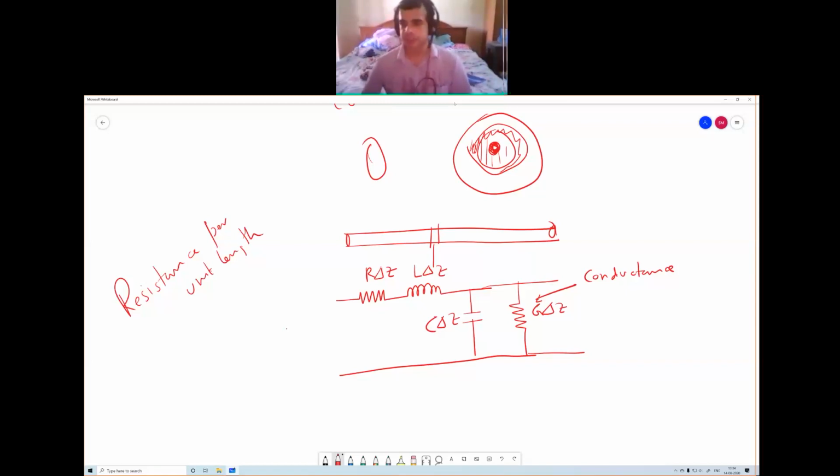Very good, ohms per centimeter. But in SI, we write ohms per meter. Very good. This one is called R, resistance, in ohms per meter. L is inductance per unit length.